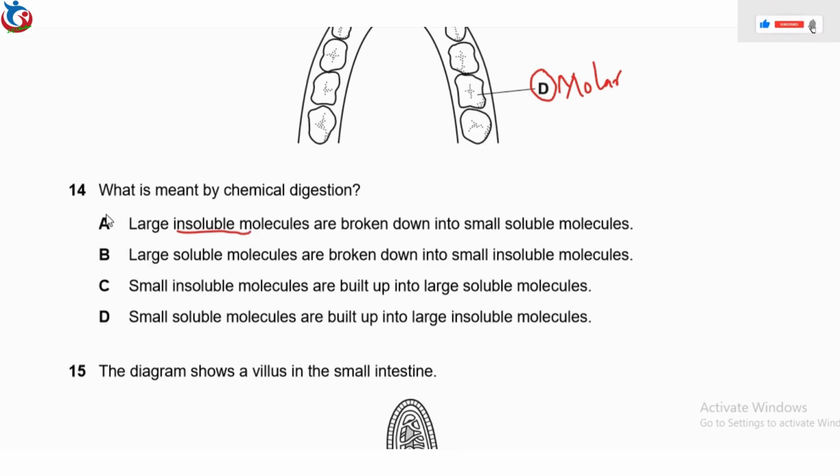That is chemical digestion. It is not large soluble, no. It is not small insoluble, no. And it is not small soluble. So that makes option A our correct answer for question 14.